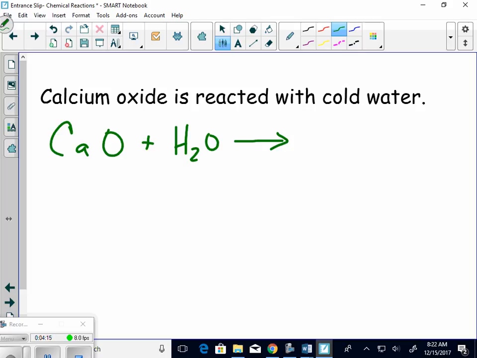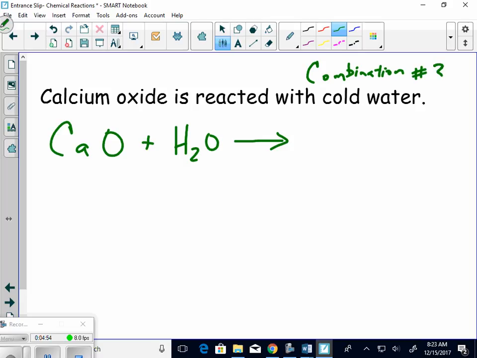We're looking at a combination reaction. Active metal oxide and water. Now, is this active enough? Is this a group 1 or a group 2 metal? Yes, so it is active enough. So, an active metal oxide plus water, this is a combination number 3.